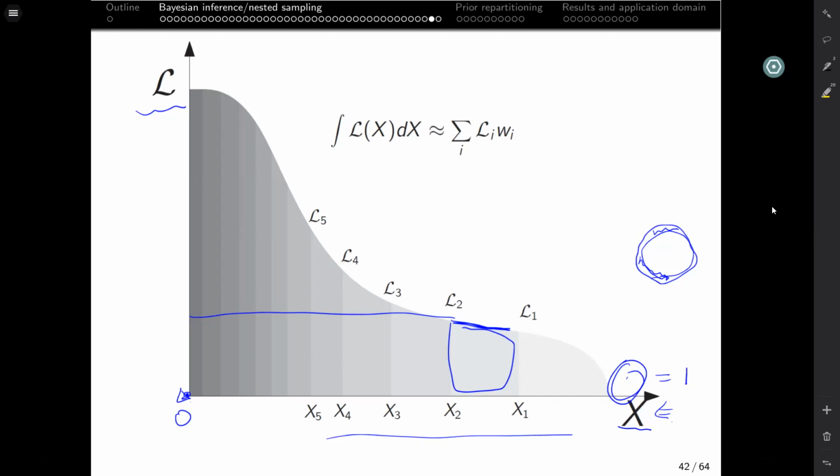And in this way, nested sampling will be able to accumulate or integrate all those small strips at different likelihood regions to compute the marginal likelihood or the Bayesian evidence.